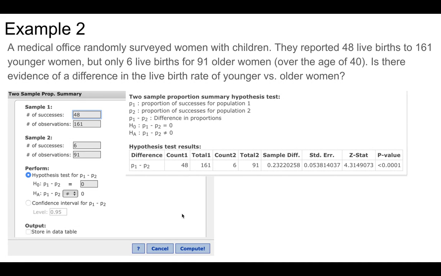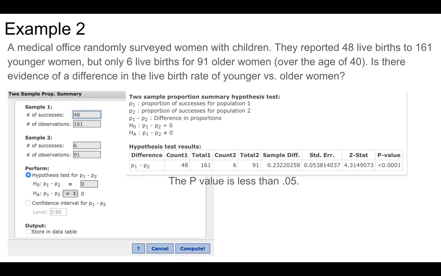And when I did that, notice I got a p-value of less than 0.0001. Is that less than 5%? And of course, yes, it is. So the p-value is less than 5%. So what does that mean?